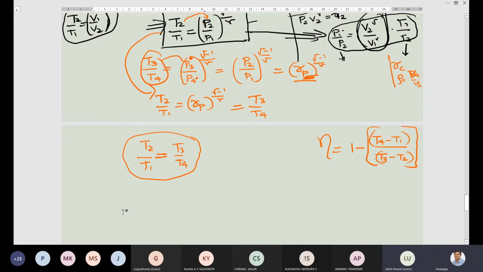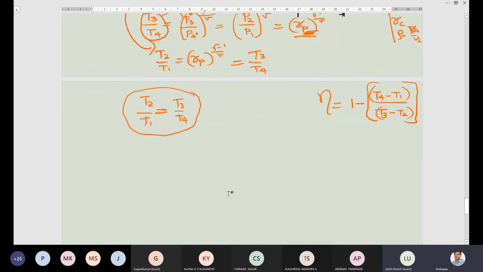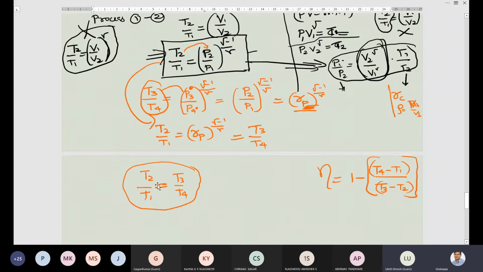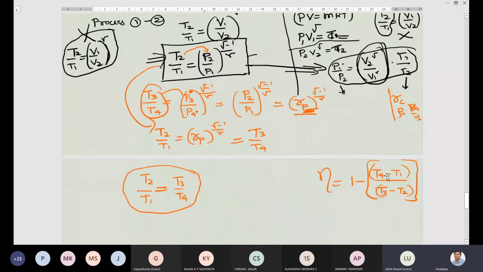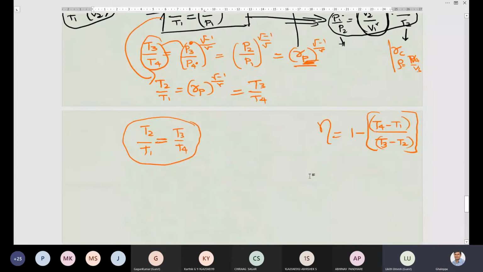We have already solved this in previous numericals by using a mathematical rule. Anybody will help me? Do you remember? In the previous module 3 we converted ratio of temperatures into difference of temperatures.